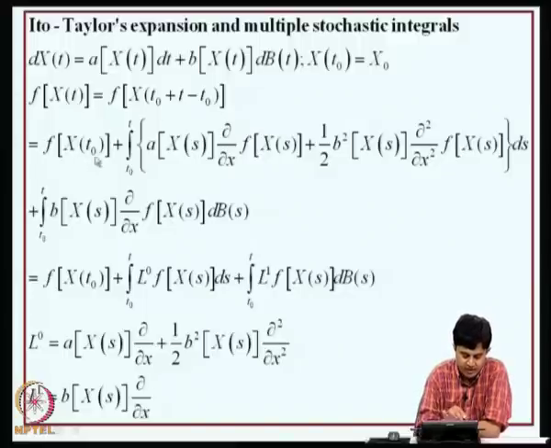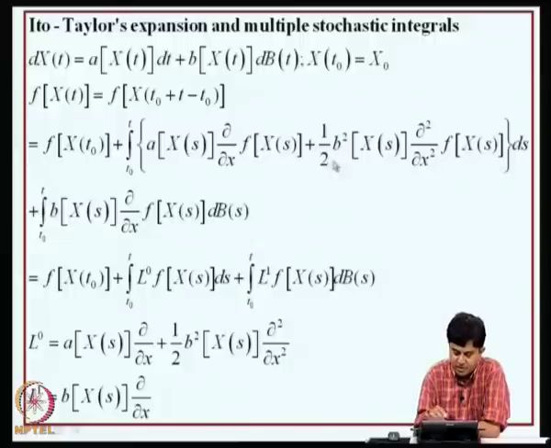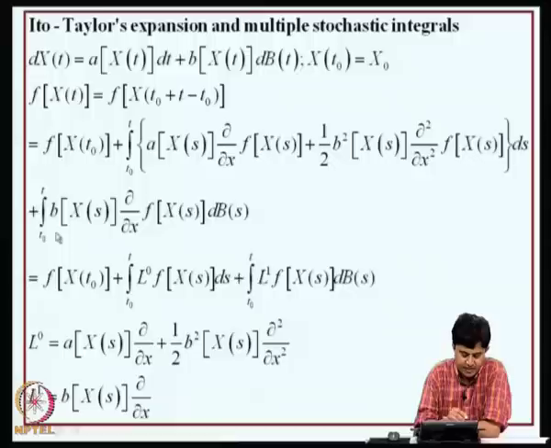So, this will be f of x of t naught plus integral t naught to t, where the term inside the brace is not just the first term as shown here, but there is a second term into ds, plus this additional term that we get b of x of s dou by dou x f x dB. This follows from the Ito's formula.